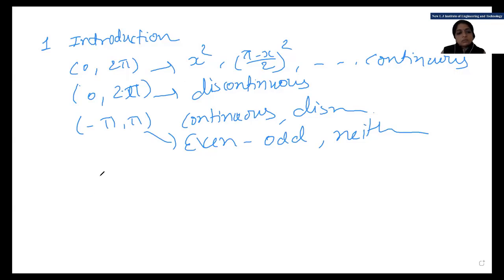Okay, this type of example we had done, but today we will do the example for the period that is 0 to 2L, or we can say the example with period 2L only. For that, there are minor changes in the formula.